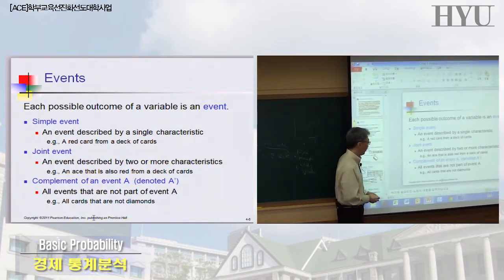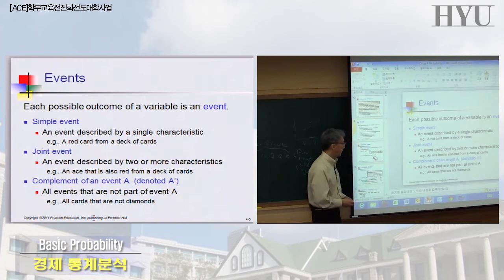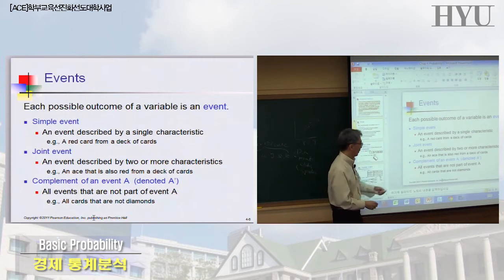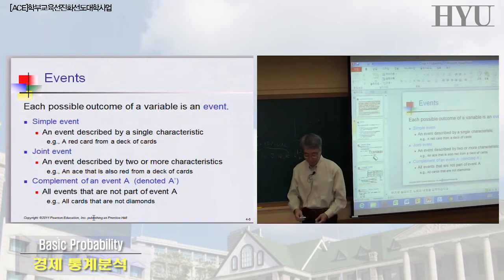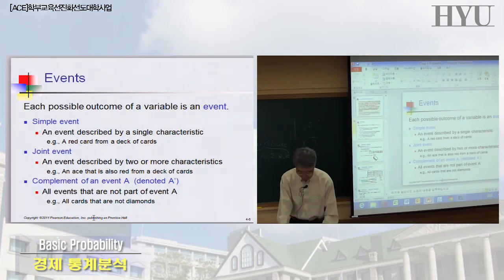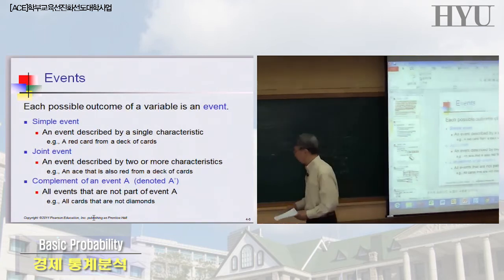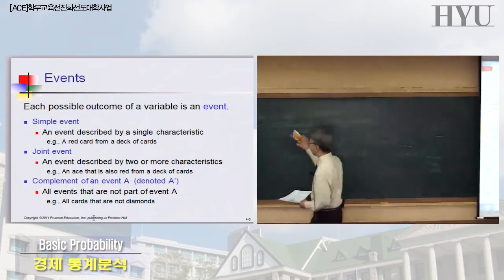A joint event is a combination of 2 or more characteristics, something like picking a card that is an ace and is also red. Many times we illustrate these events using a Venn diagram.